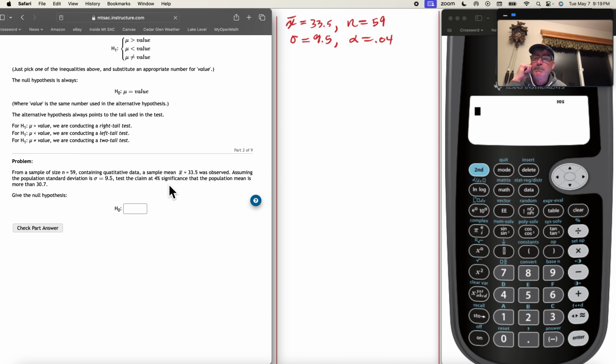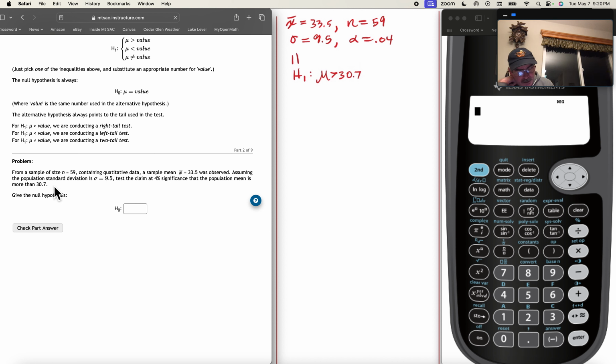Test a claim that the mean is greater than or more than 30.7, so that's an alternative hypothesis. They're saying that the mean is more than 30.7. And I usually figure that out first, but generally we would write the null hypothesis before it, so I'll make a little space up there.